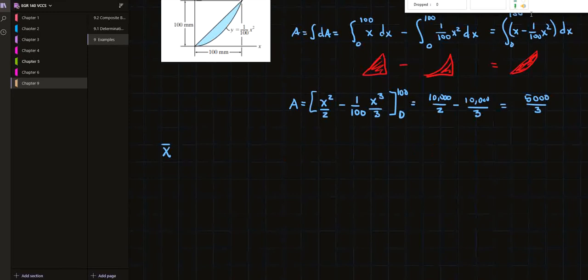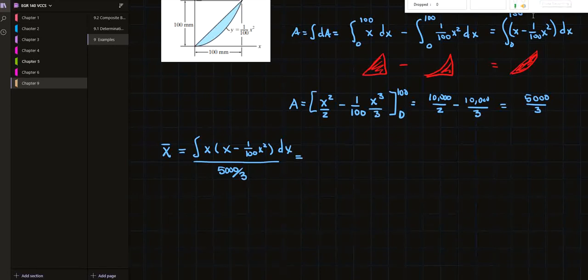Okay, now that I'm comfortable calculating that area, let's expand it to x bar, which is going to be the integral of our... So we're going to take x and multiply it by the function that we had before, x minus 1 over 100 x squared dx, and of course this whole thing is divided by the 5,000 over 3 that we calculated already.